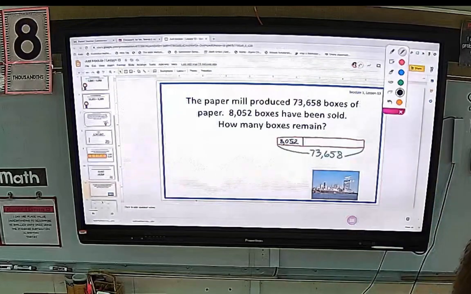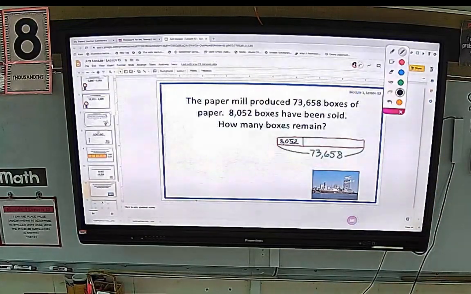Now, what would your subtraction problem look like to go with this? So put that on your board as well. You want to be able to find the other piece of that tape diagram. So what would that subtraction problem look like?